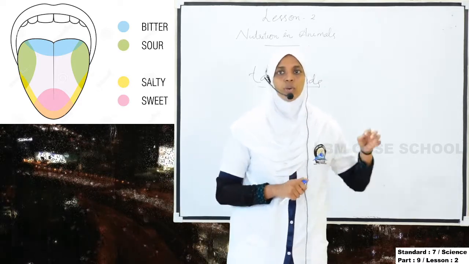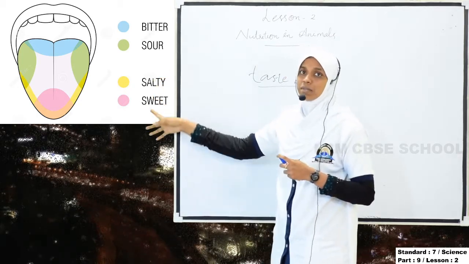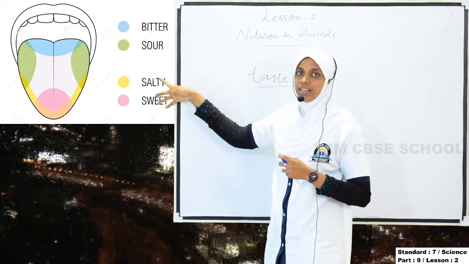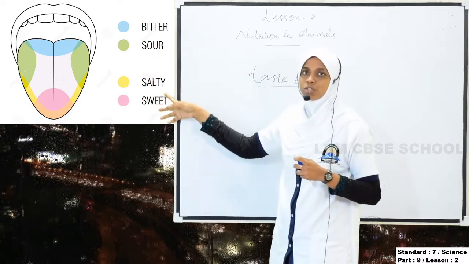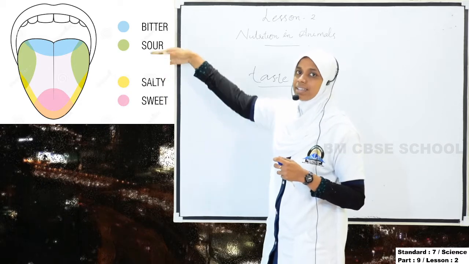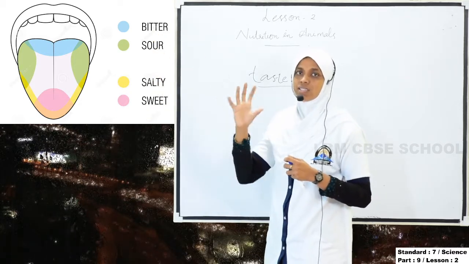Okay, so you can see the structure of the different taste buds present in the tongue. അതായത് ടങ്ങിൽ there are certain different types of taste. The main types of tastes എന്ന് പറയുന്നത് ഏതൊക്കെയാണ്?